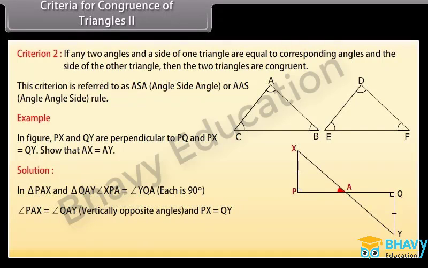Angle PAX is equal to angle QAY because these are vertically opposite angles, and PX is equal to QY. Therefore, by AAS congruence rule, triangle PAX is congruent to triangle QAY. Therefore, AX is equal to AY, CPCTC.